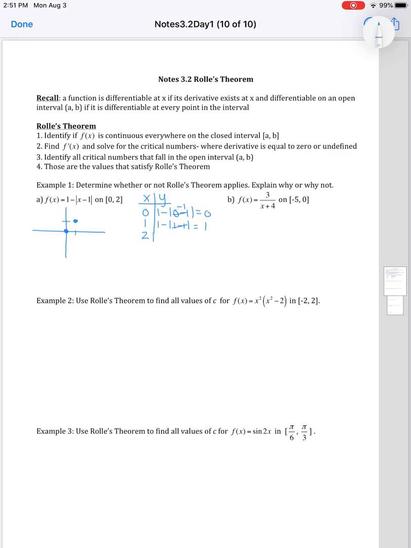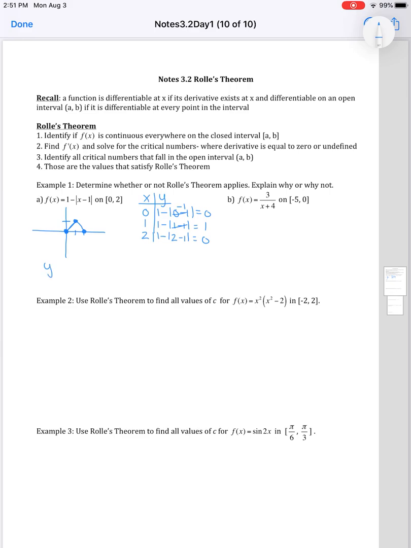When I sub 1 in, that's going to get me 1 because that's 0. So 1 gets me 1. When I sub 2 in, 2 minus 1, that's also going to get me 0. And all we have there is this little piece right here.